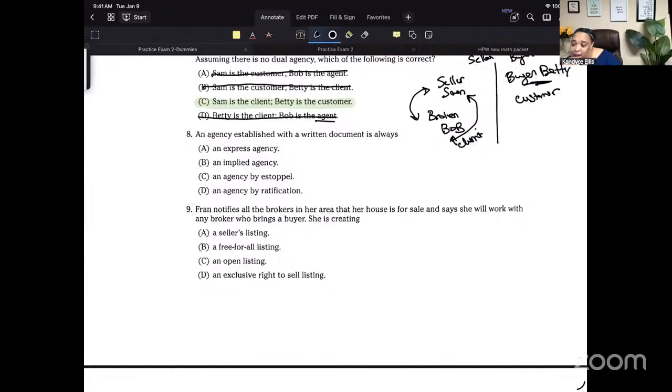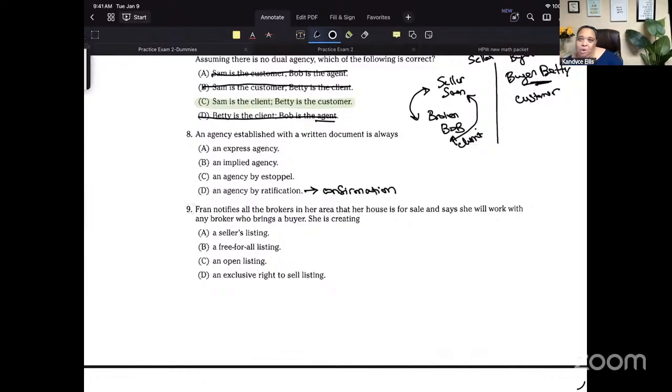Okay, so we need to talk about what these mean. Let's go backwards. When you ratify something, you're later saying, yes, that's correct. Ratification is like a later confirmation.